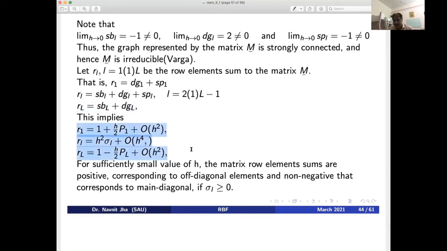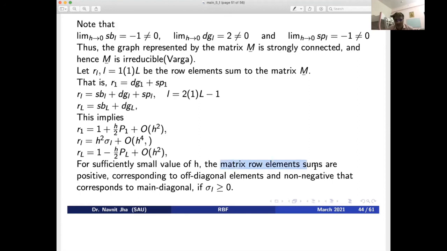Please note that R1 corresponds to the first diagonal. Here I can say for sufficiently small value of h, R1 is not equal to 0 as h goes to 0. Again, R_L is not going to 0 as h goes to 0.